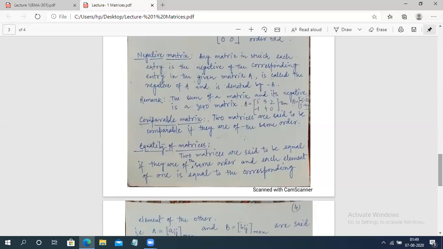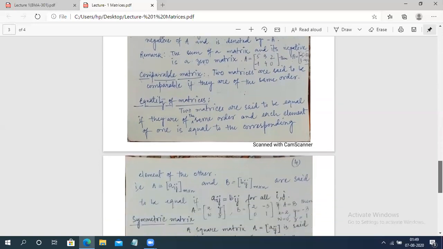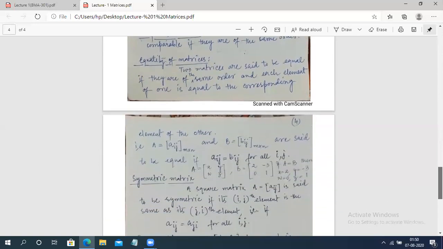And what is equality of matrices? Two matrices are said to be equal if their order is the same and each element of one is equal to the corresponding element of the other.